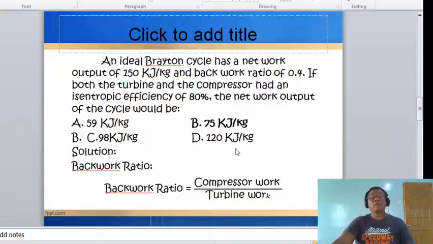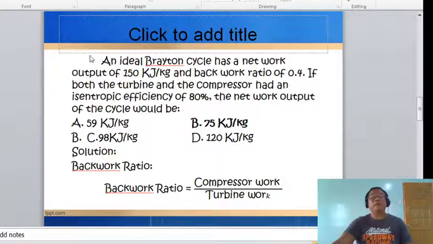So next we have another multiple choice problem. An ideal Brayton cycle has a net work output of 150 kilojoules per kilogram and a back work ratio of 0.4. Take note, class, that we have here the back work ratio. Anyway, the back work ratio is the ratio of the compressor work and the turbine work.